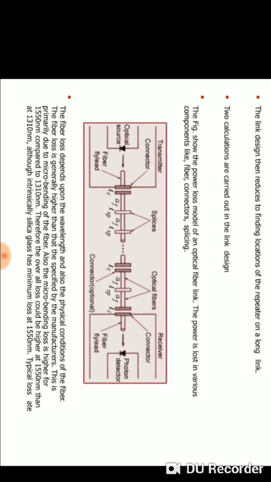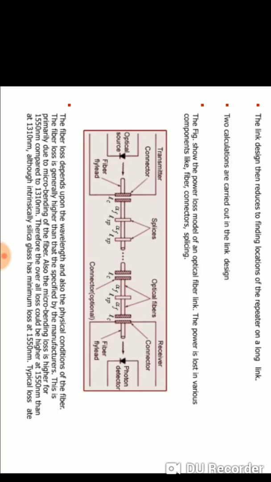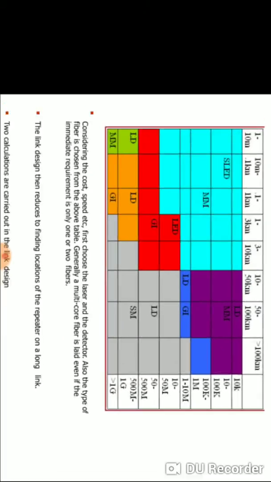Because of that, the power received at the receiver is not the same as the power transmitted by the transmitter. This is the approach we are going to consider in the link power budget, that is, power budget calculations.